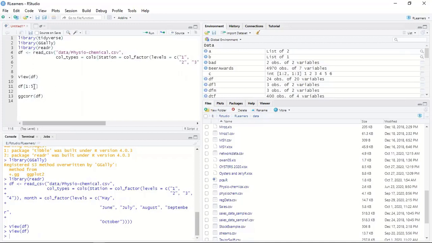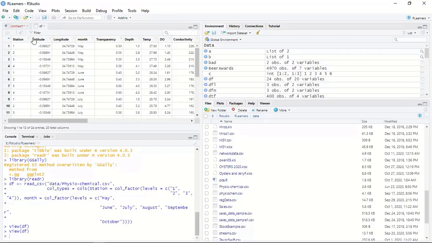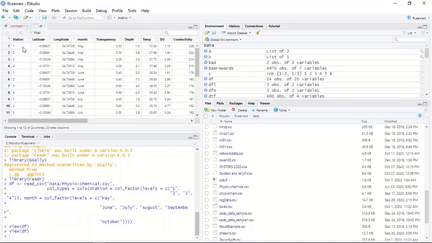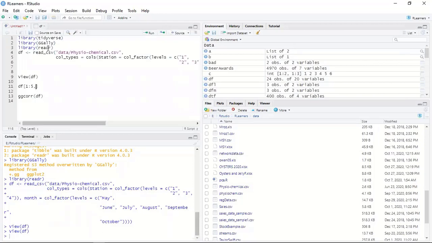Anything before this comma represents the rows, and everything that comes after the comma becomes the columns. Now let's take from the first to the fifth column. Let's see what happens.